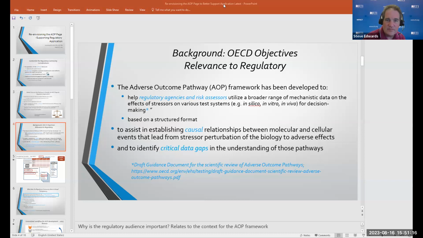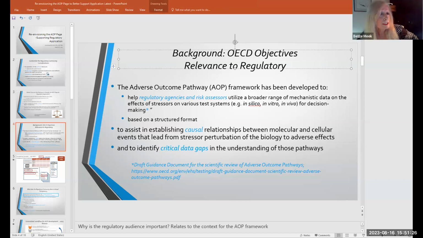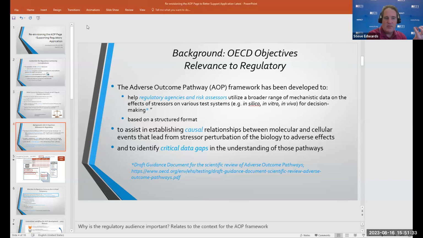Maybe you are sharing the application instead of your screen? Yes, I'm sharing the application, but I have two screens, so in presentation mode it doesn't follow. I should stop sharing and share my screen.